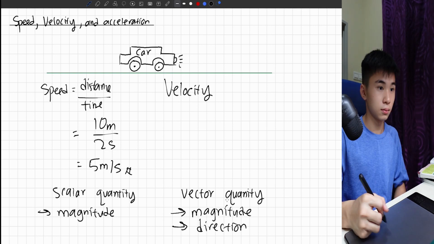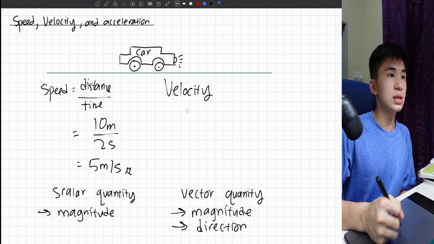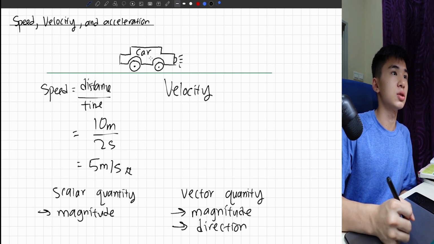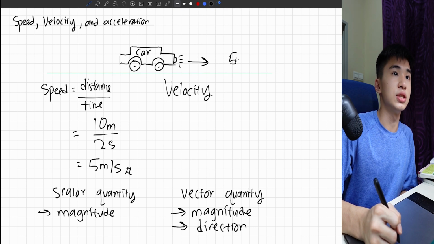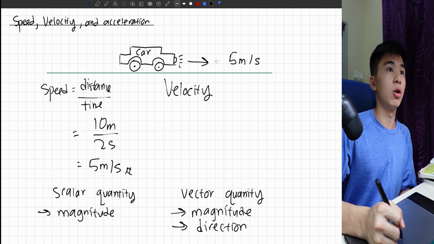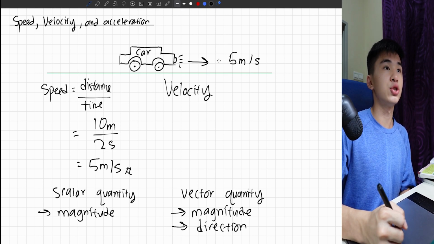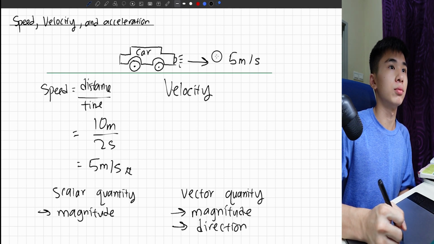Okay, so let's say the velocity equals 5 m/s. This car right here is traveling at 5 m/s, which is the speed of 5 meters per second. Let's say to our right-hand side, we will put a plus here.